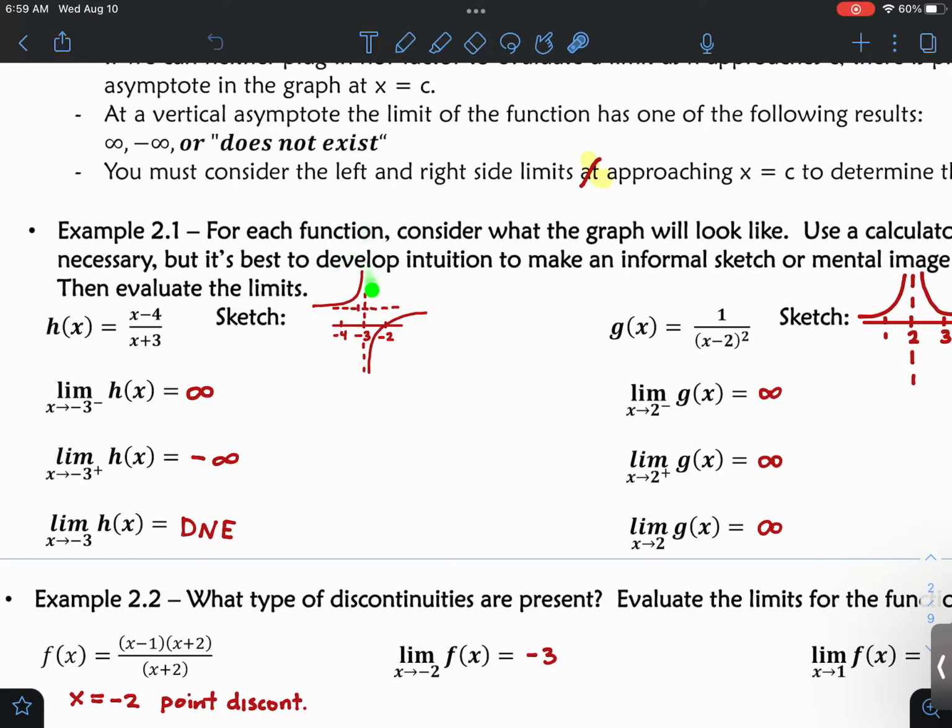As you approach a vertical asymptote, a function is always going to either get super, super big or super, super negative. And to figure out which is happening, it's just a matter of plugging in or imagining plugging in numbers very close to your asymptote on either side. So as I come in from the left towards -3, you might imagine plugging in -3.1 or -3.01 or -3.001 into this function.